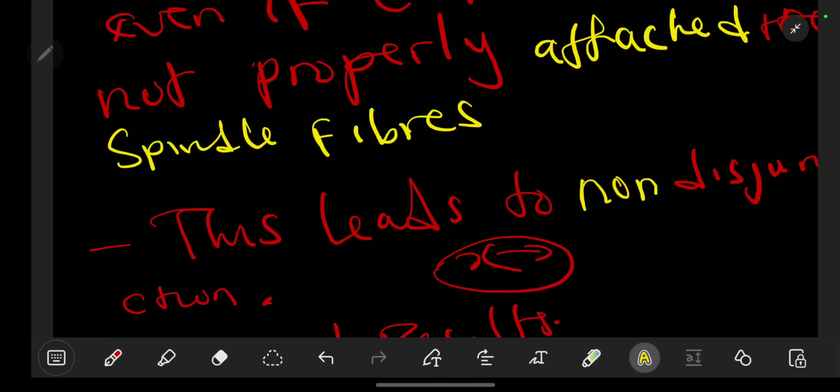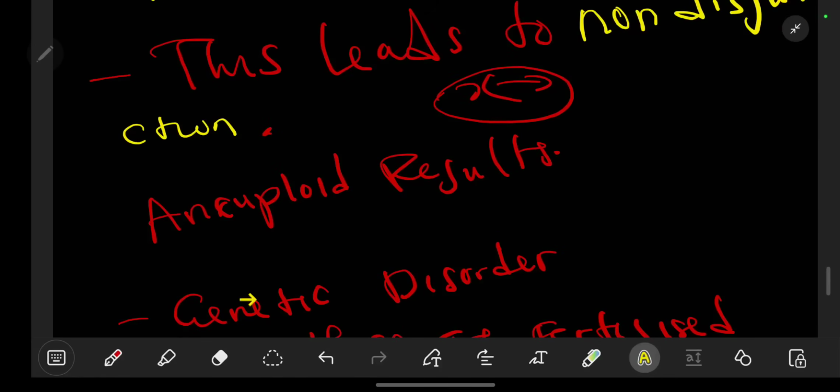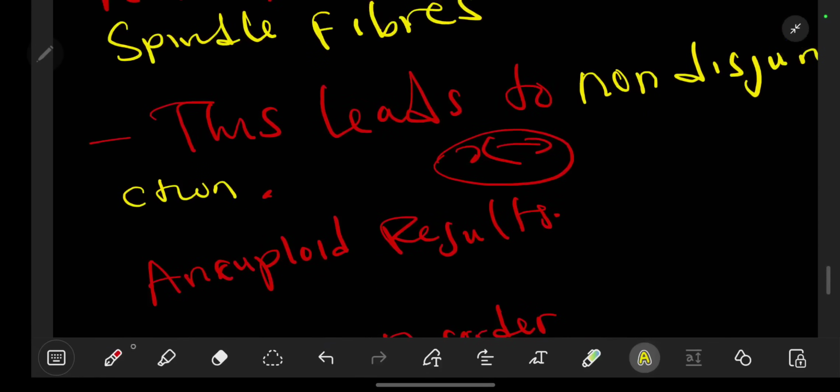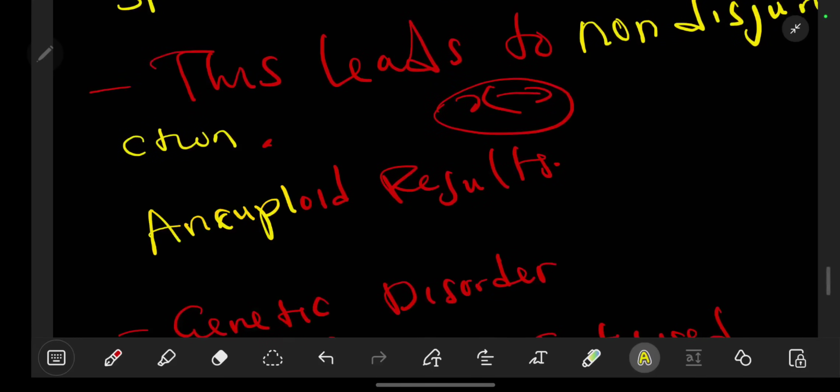So know these terms. Nondisjunction simply means there is an uneven distribution, or rather the unusual splitting of chromosomes where one side has less. This condition is what we call aneuploidy, when there is an uneven distribution of chromosomes than the required number.